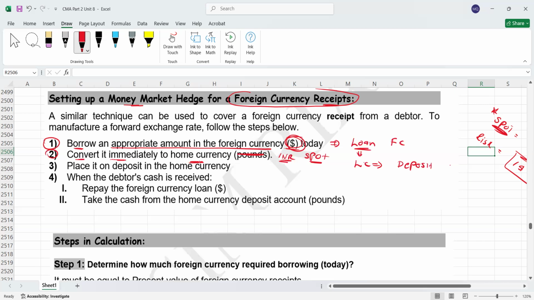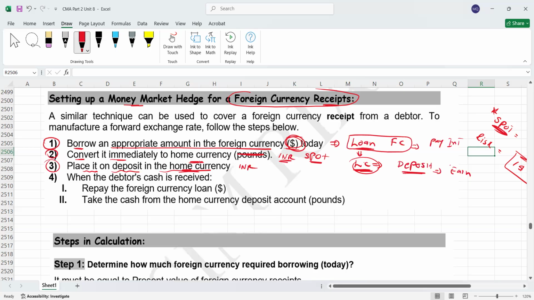On the loan which I have taken in foreign currency, I will pay interest, definitely, and on the amount deposited in the local currency account, I will earn interest. So step number three is to place it on deposit in the home currency. As I told you, we take the loan in foreign currency, convert it into local currency at the spot rate, and then deposit it in the home currency, which in my example is Indian rupees.